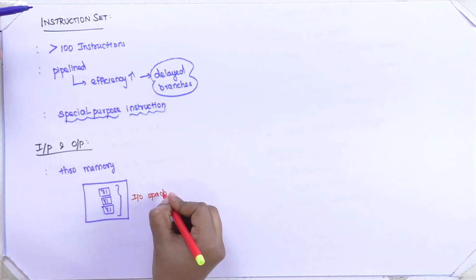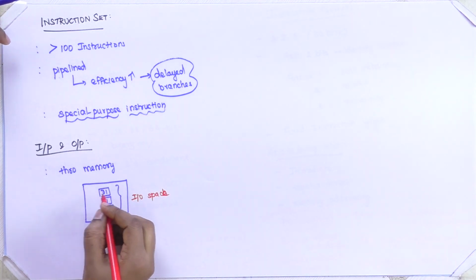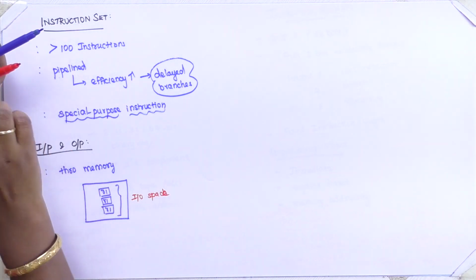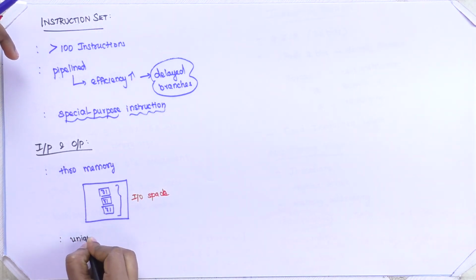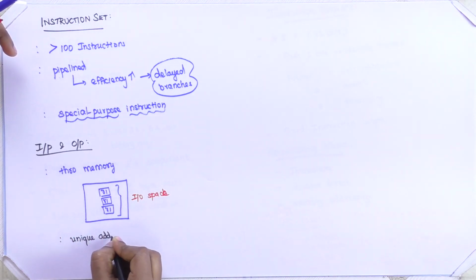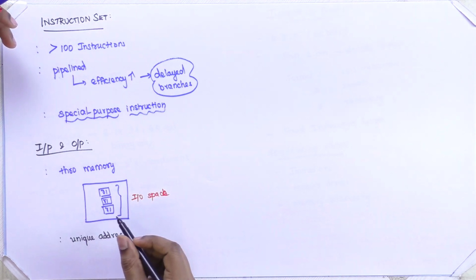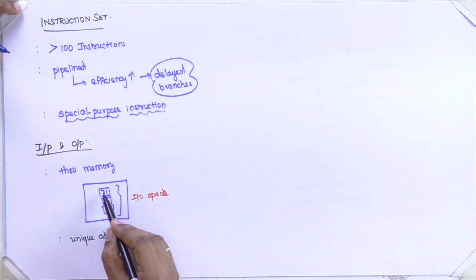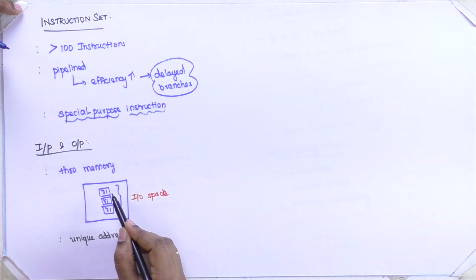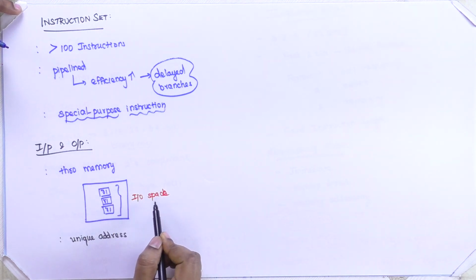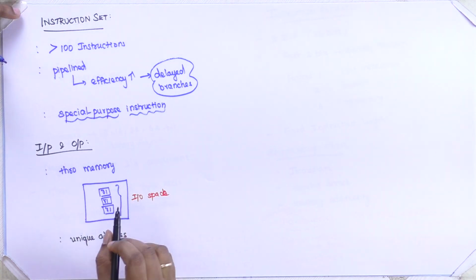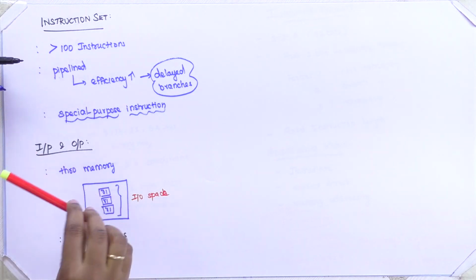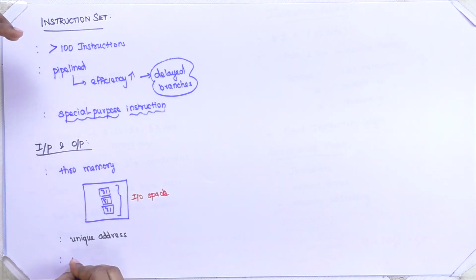Each I/O device will be represented by a unique address. When load and store instructions refer to a device register present inside the I/O space, the corresponding device gets activated. So no special I/O instructions are needed for performing this I/O.